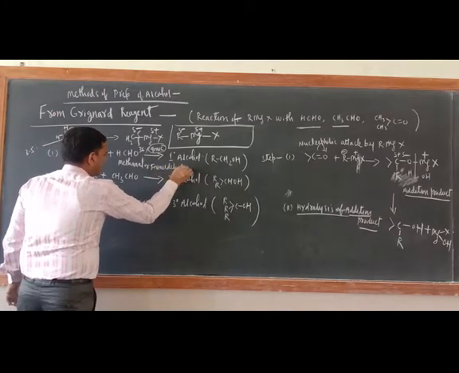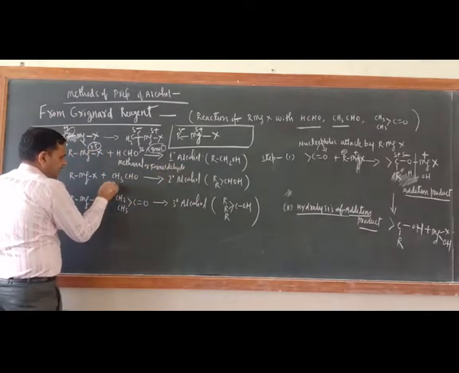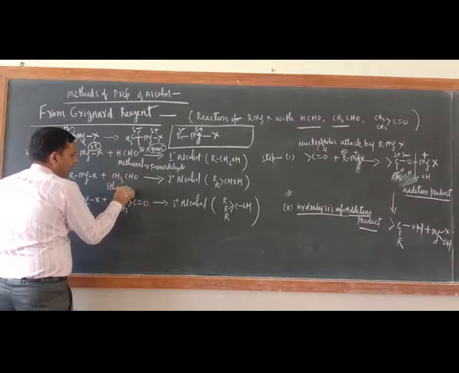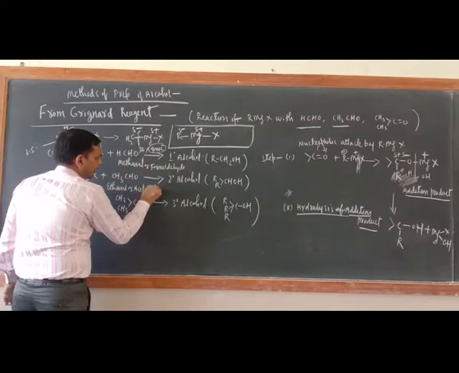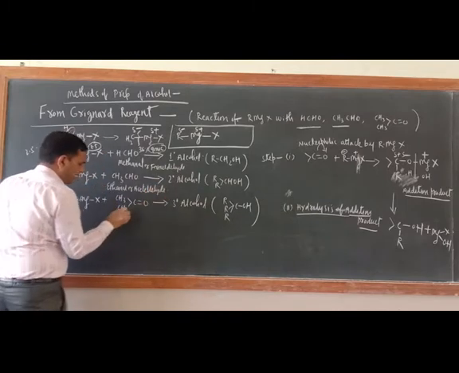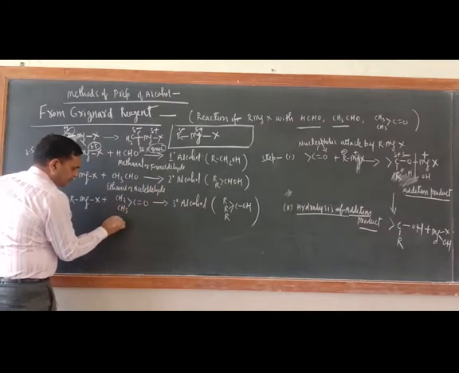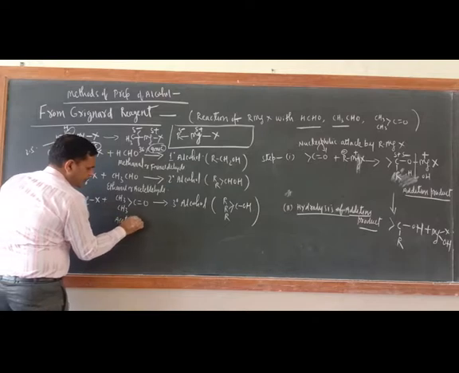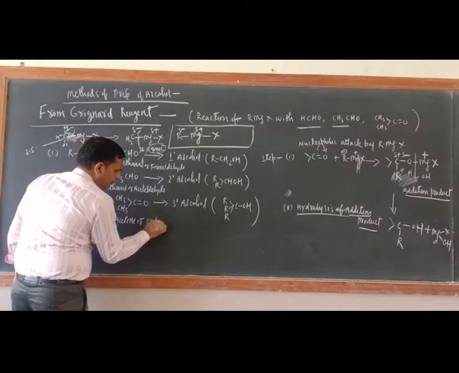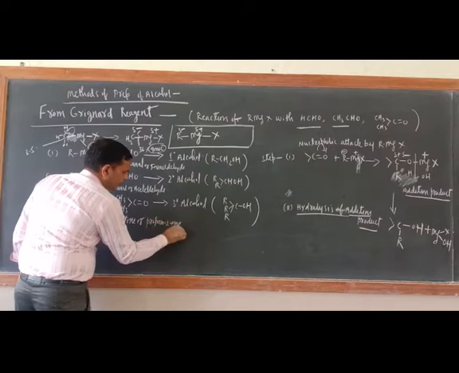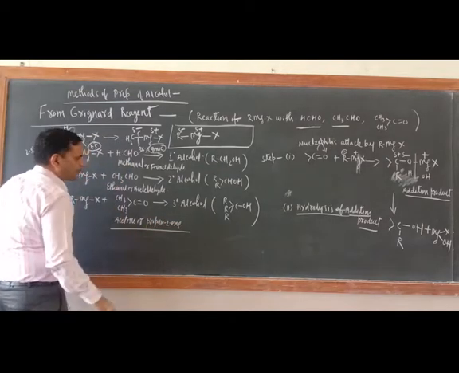What is this one? This is ethanal, or acetaldehyde. What is this one? This is acetone, or propan-2-one.